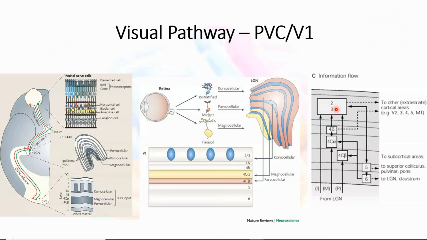Next, the pyramidal cells in layers 2 and 3 pass the information to higher cortical areas. There are also pyramidal cells in layers 5 and 6. Layer 5 projects to the superior colliculi, while layer 6 projects back to the LGN.